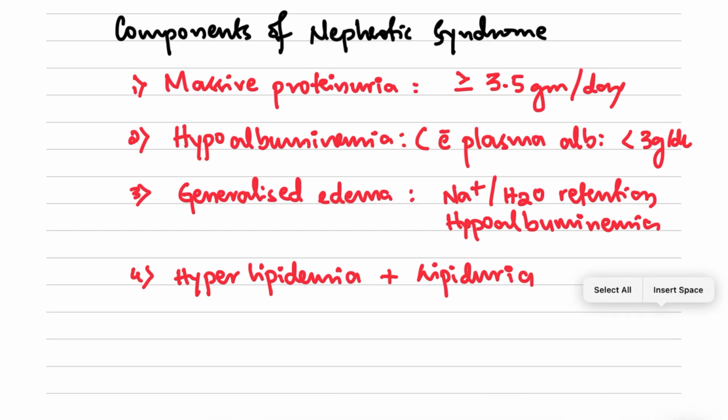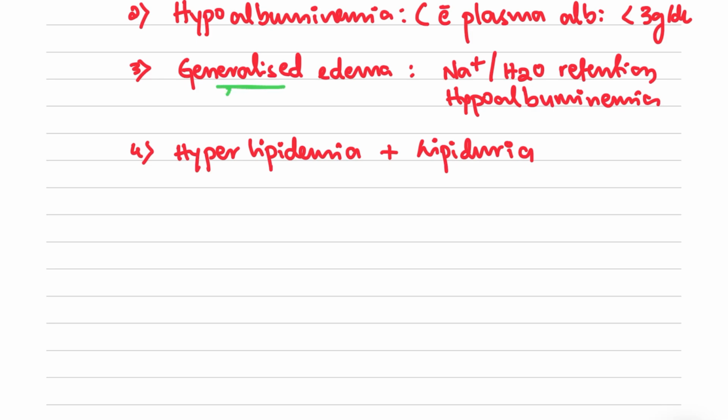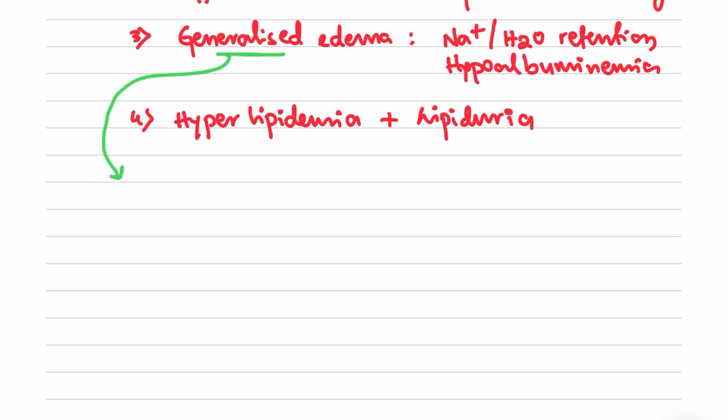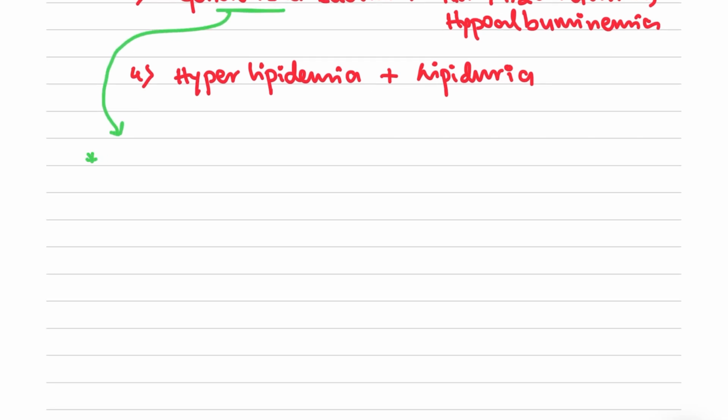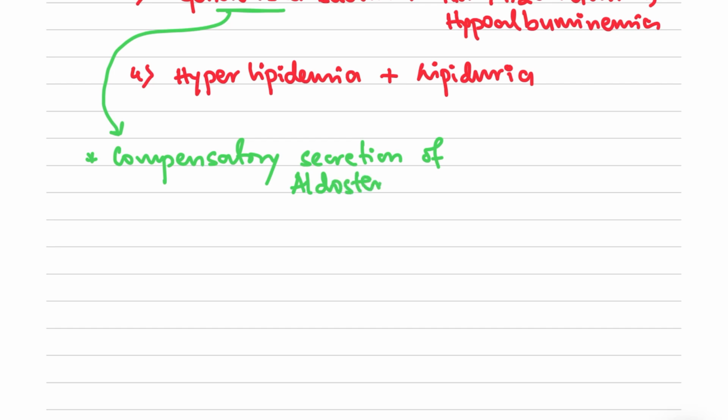Why do you think there will be generalized edema? Let's look at generalized edema. This is because of compensatory secretion of aldosterone. Why is there aldosterone secretion?